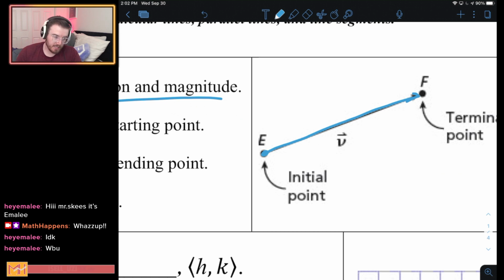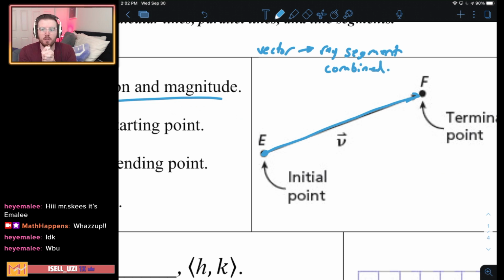But where a ray is infinite, a vector has a beginning and end. So that's more like a segment, right? So a vector is sort of like a ray and segment combined. Okay? It's kind of like marrying the two together.